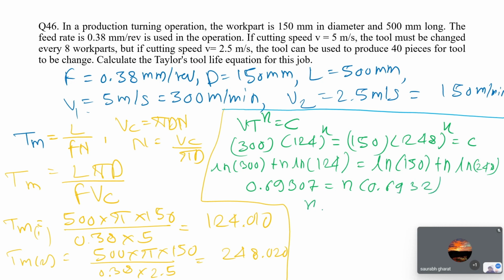So your n is equal to 0.99981. And once you have your n, what is left?